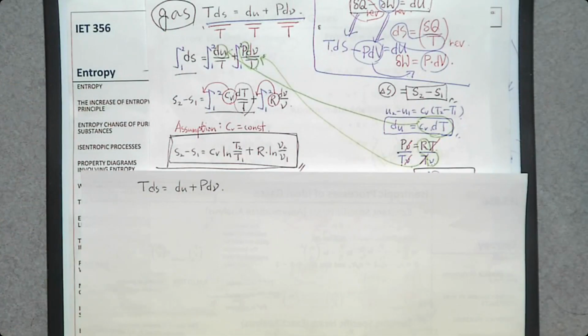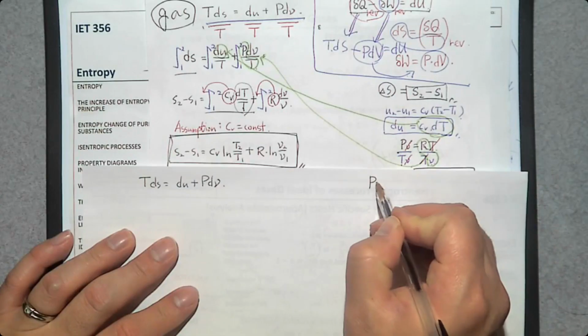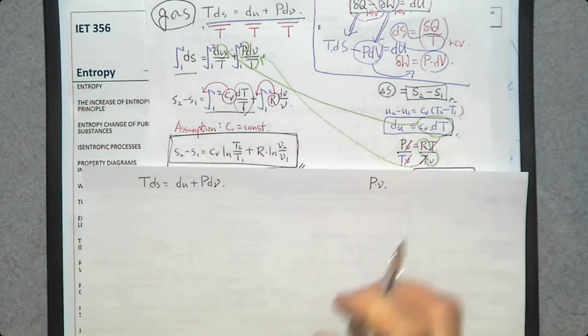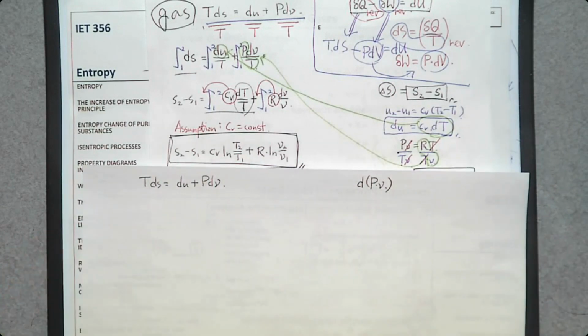Then we have P times V here. So let's talk about P times V. What is the differential form of this P times V? What is d of P times V? Do you know how to solve that?